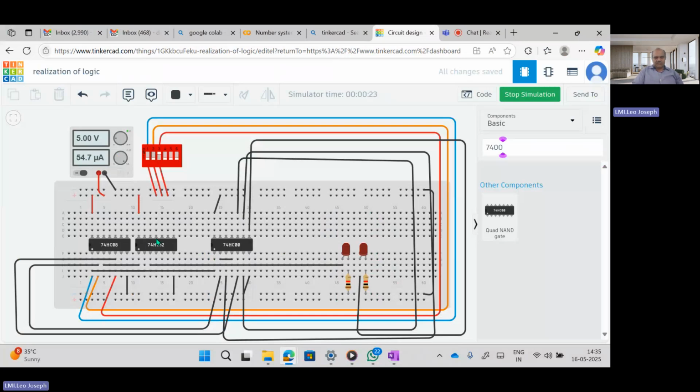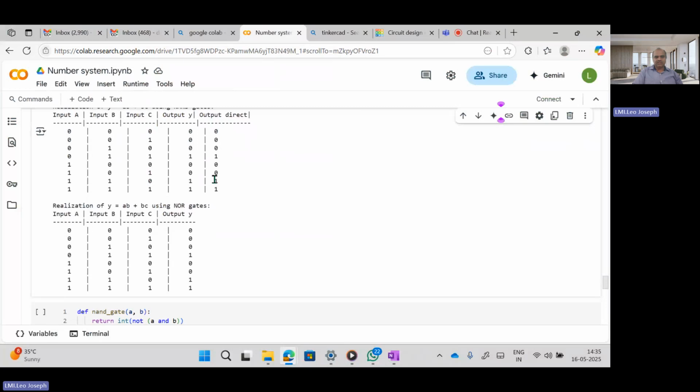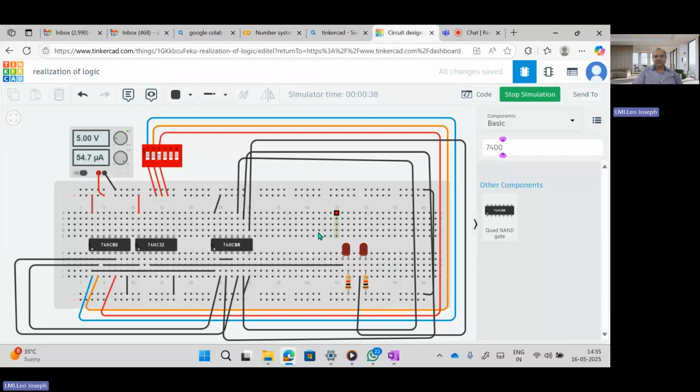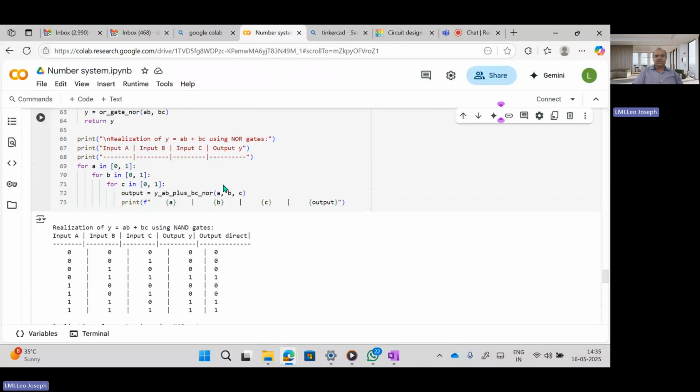So here, instead of using two ICs, I am using only one IC, but the output is the same. That is the power of realizing any circuit using a universal gate. So this we have verified using both Python as well as Tinkercad. Tinkercad is the real circuit implementation practice, and Python is a coding practice.